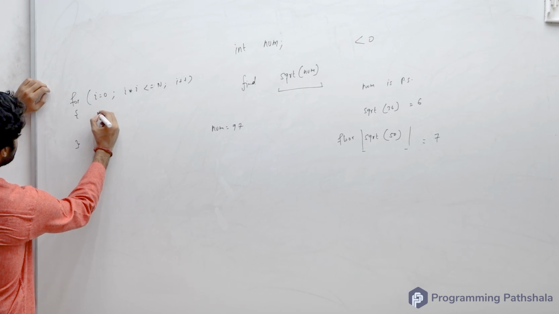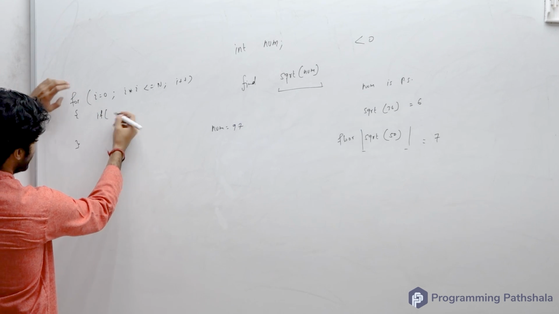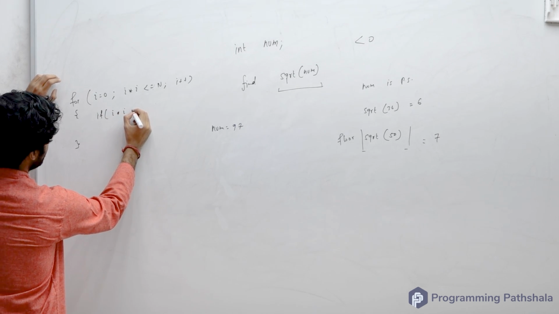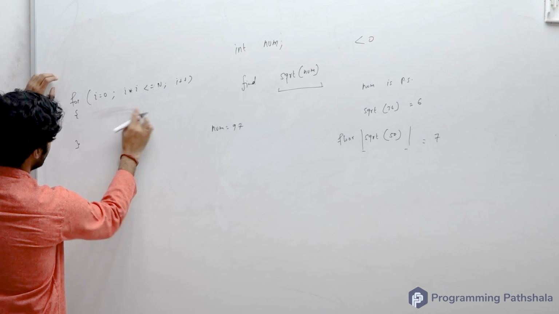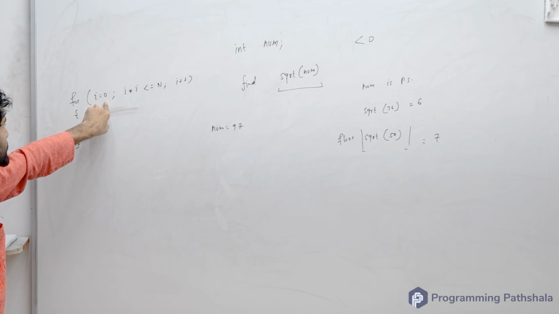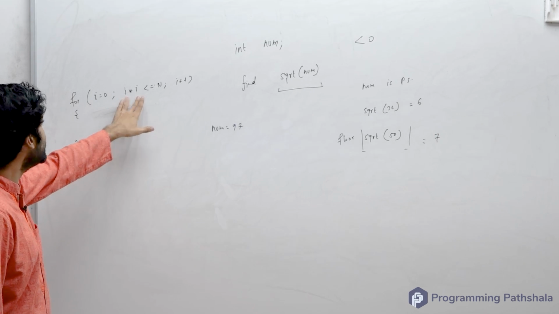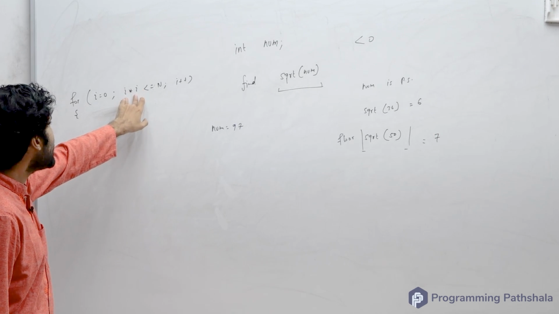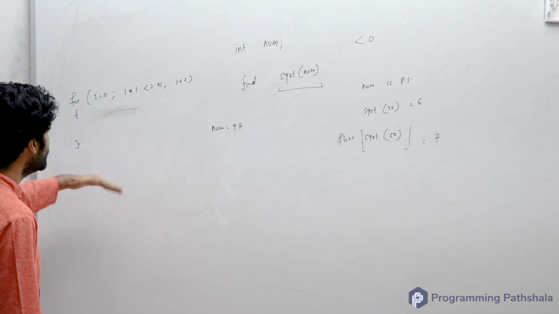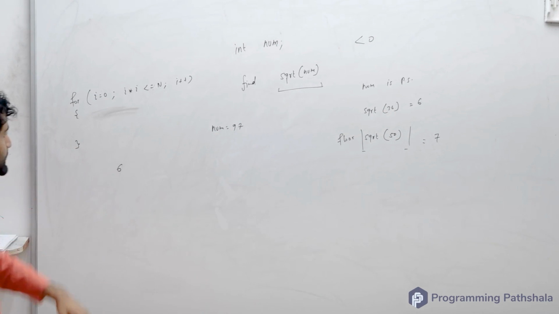Then what you can do is that if you see at any point of time that I into I is equal to n, the loop would be broken, and for a number like 36, your output would be 6.